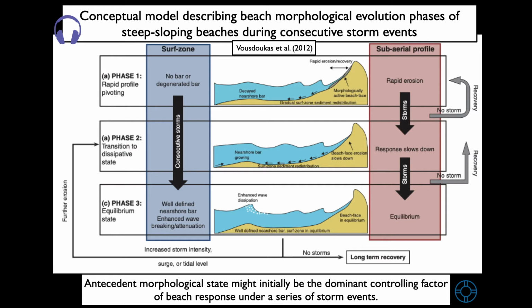In phase 2, the morphological change at the eroded subaerial beach decelerates and adaptation of the surf zone bathymetry becomes more important. In phase 3, the beach reaches equilibrium, becomes more resilient to wave forcing, and is vulnerable mostly to increased mean water levels.